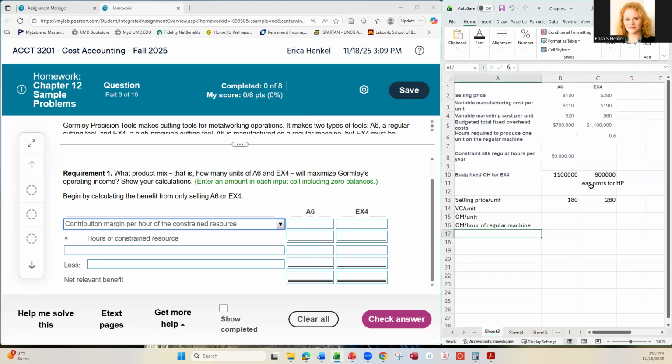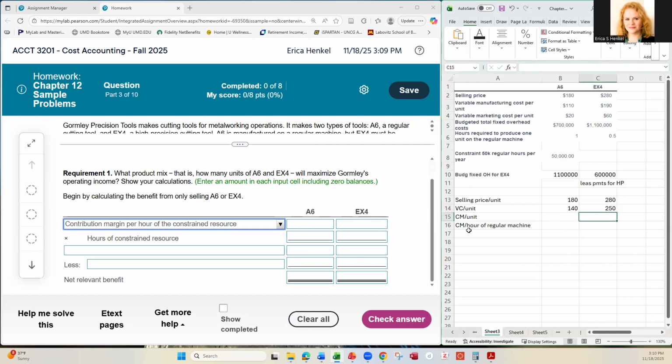First of all, we have to calculate the contribution margin per unit and then convert that into how many hours it takes. So the selling price for each unit was 180 for the A6, which is from up here, and 280 for the EX4. The variable costs are listed here. We've got 120 and 20 on this side, and we've got 190 and 60 here. So variable manufacturing and variable marketing.